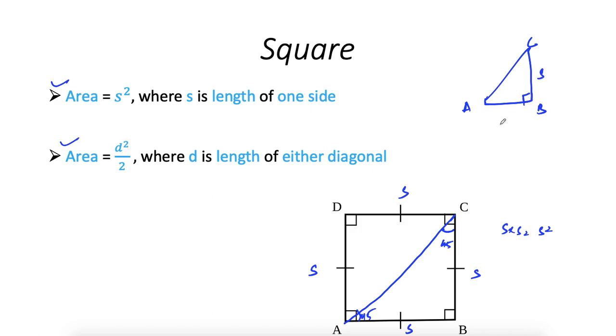So if this is S, this is S, this will be S under root 2, using the 45, 45, 90 degree triangle. I will attach the video link of the triangles so that if you are new to this, you can watch that. So if I know the diagonal, for example, this is D, what will be the area? That will be D square divided by 2. So either you can find this using the sides of triangle or using the diagonal.